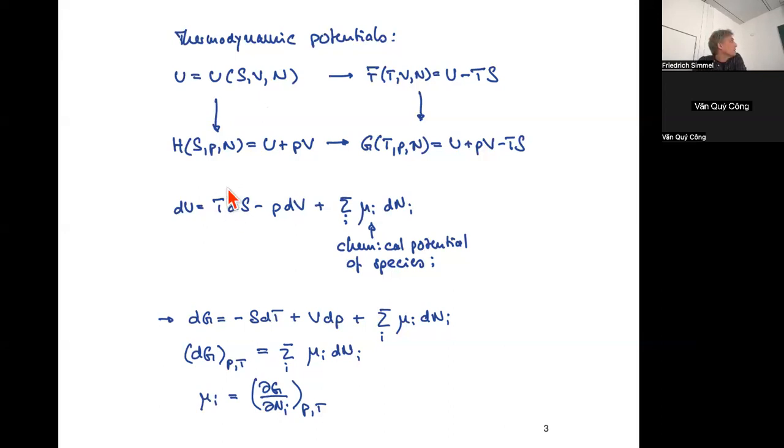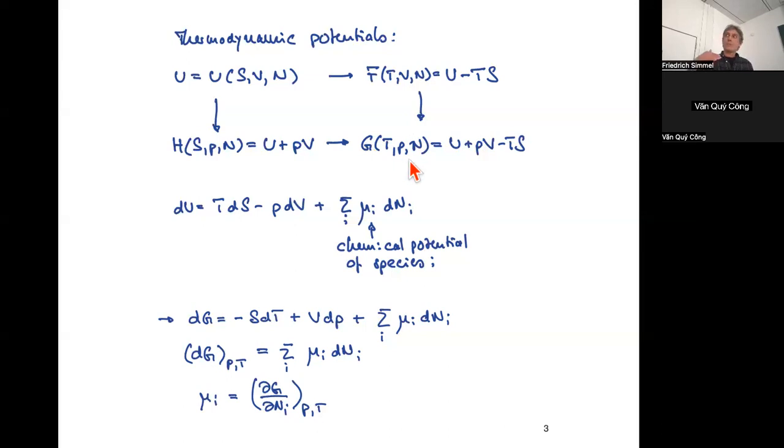And in many cases, experimentally, it's more convenient to use these intensive variables as control parameters. In particular, in chemistry, people like to keep temperature and the pressure constant, and therefore this quantity G, the Gibbs free energy, plays such an important role in this chemical and biochemical context.